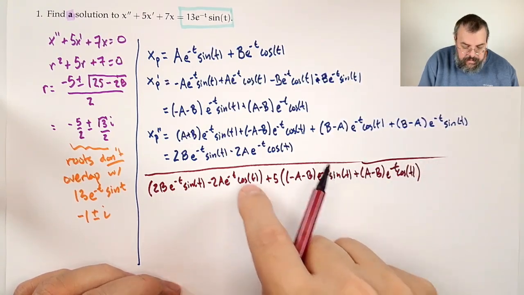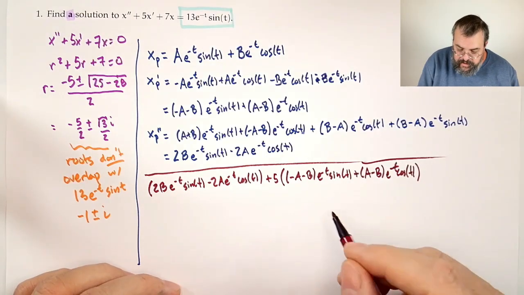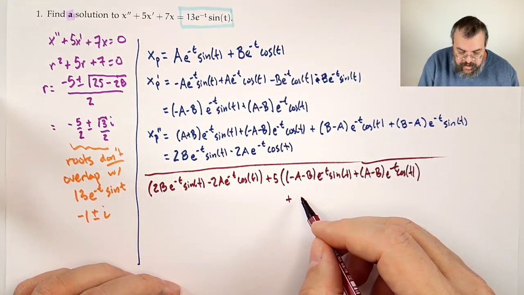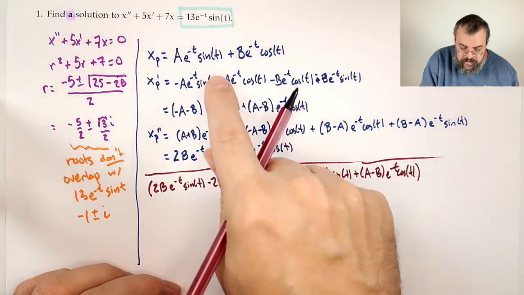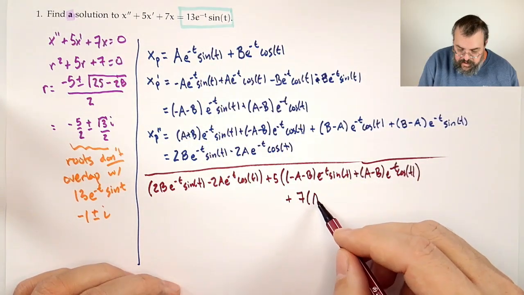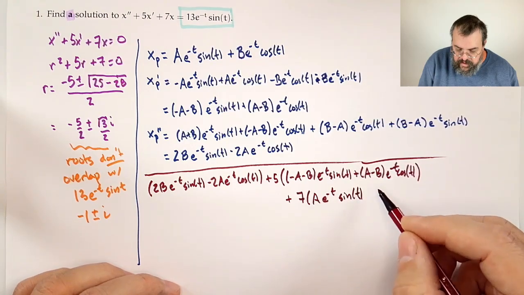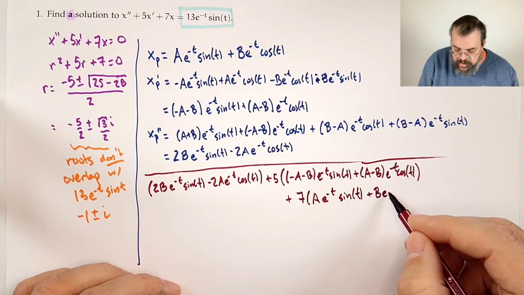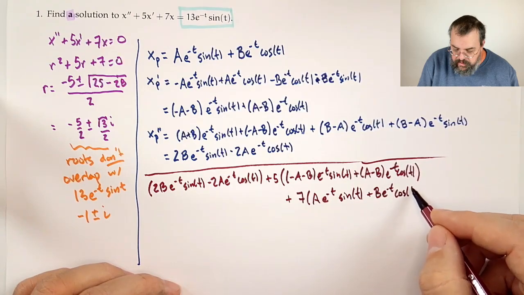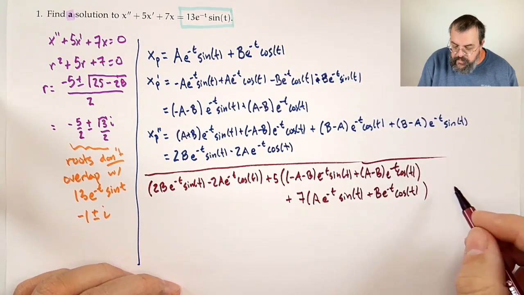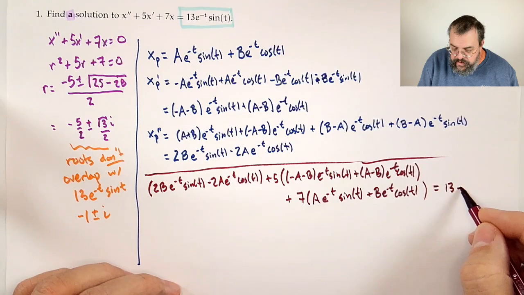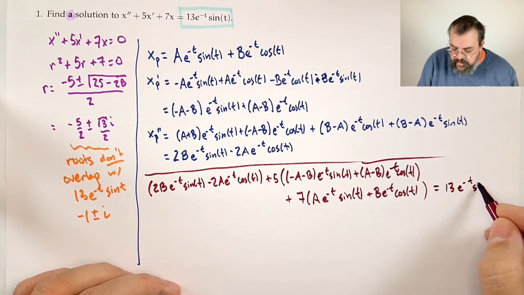That's plus 5x prime. And we're running out of space, so we'll go to the next line. Plus 7, just the function, a e to the minus t sine of t plus b e to the minus t cosine of t. And all of that equals 13 e to the minus t sine of t.